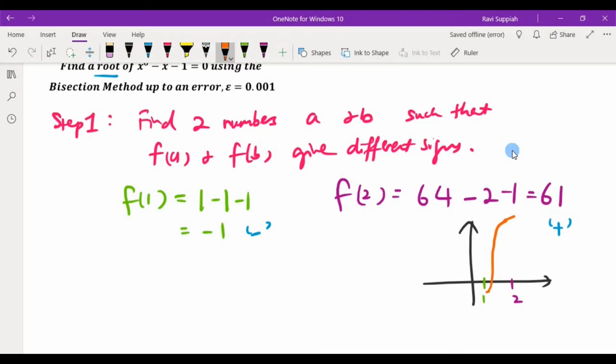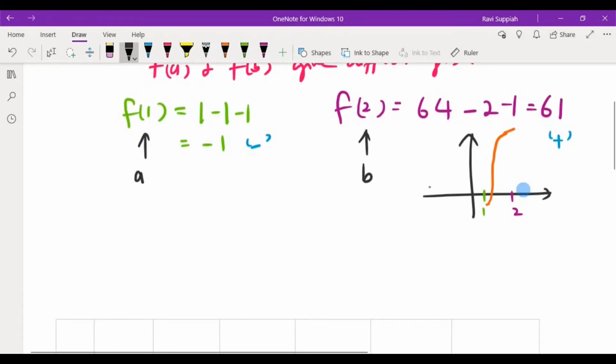So from negative 1 it goes all the way to 61 over here. That is the first step. From this we can say that a is equal to 1 and b is equal to 2. All right, now we can go on to the next step.